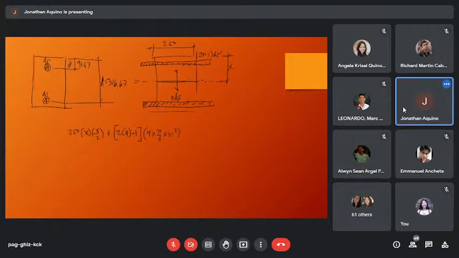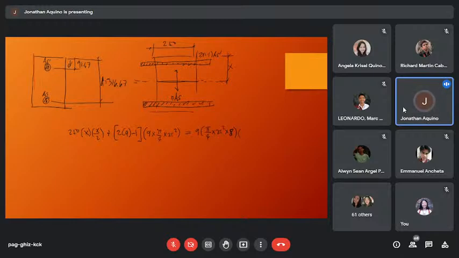The area below is n, 9, times AS, the area of 8 bars, so 9 times 5 over 4 times 25 squared times 8 bars, times the lever arm.